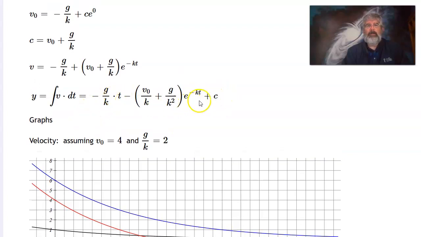That horizontal asymptote is whatever the plus c turns out to be. If I didn't have this linear piece, that plus c would shift the upside down exponential up to an asymptote of whatever plus c is. But there is this linear piece. As time goes on, as this exponential decays and becomes closer and closer to 0, you're just looking at this linear function, minus g over k times t plus whatever that constant is.